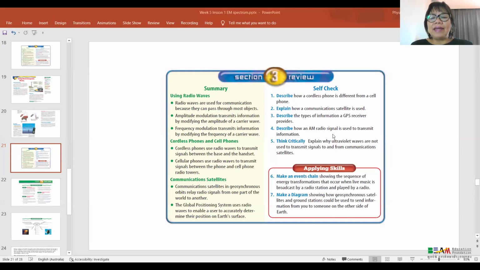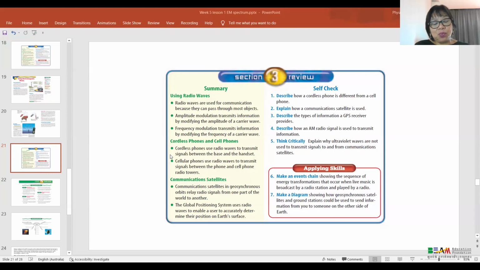Now, describe how an AM radio wave signal is used to transmit information. That one includes a bit of energy transformation as well. Usually to get transmission from the radio, you need sound waves, but the sound wave has to be converted into what form?